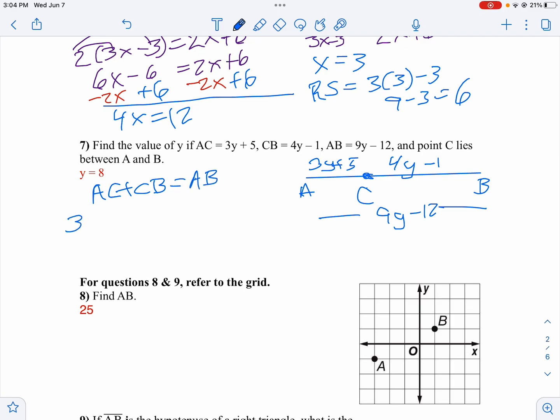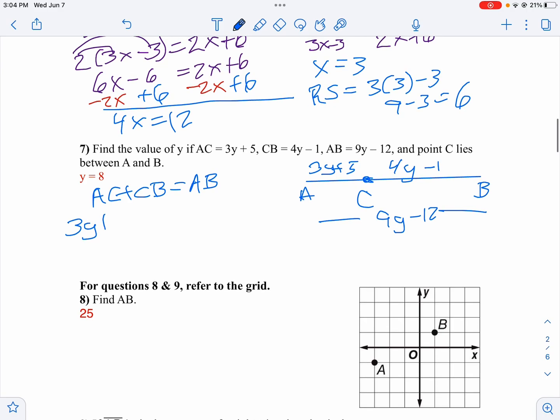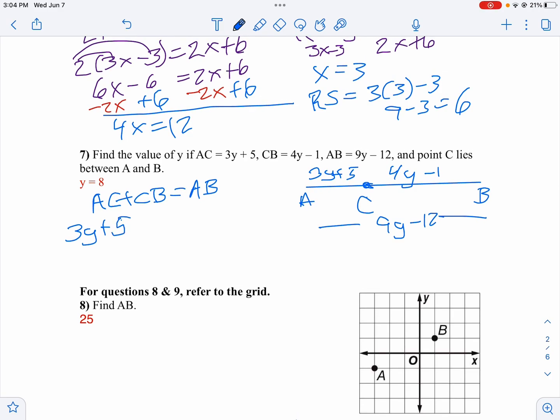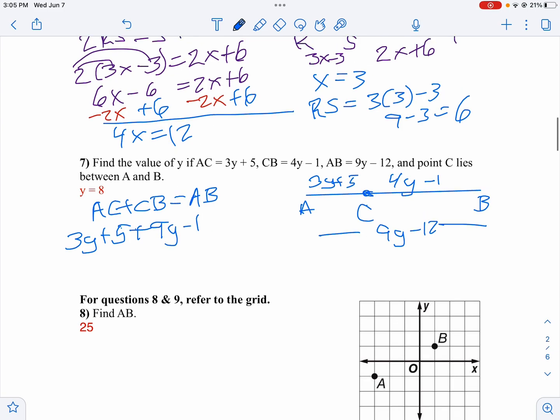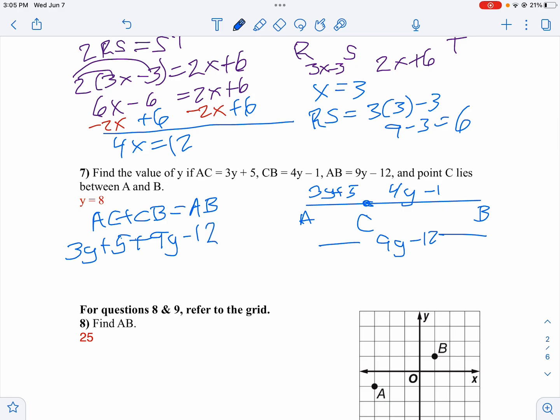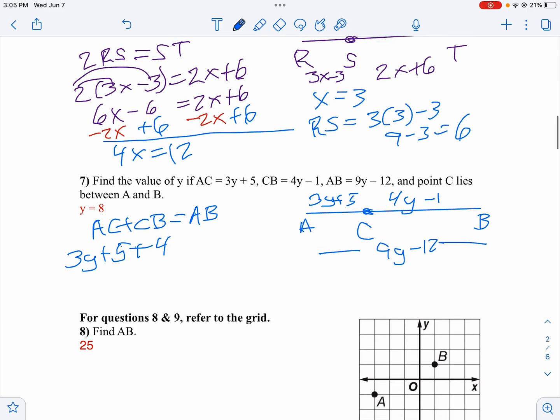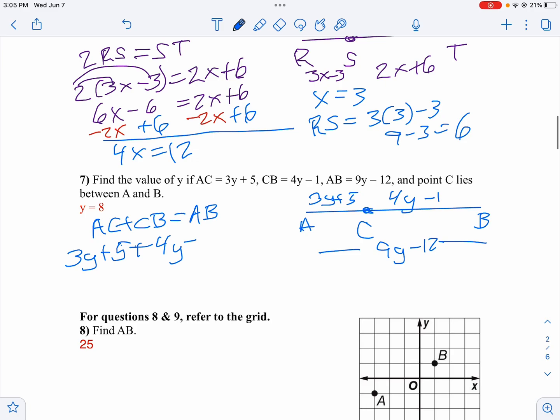Substitute it in there, we get 3y plus 5 plus 4y minus 1, because that's CB, equals 9y minus 12.